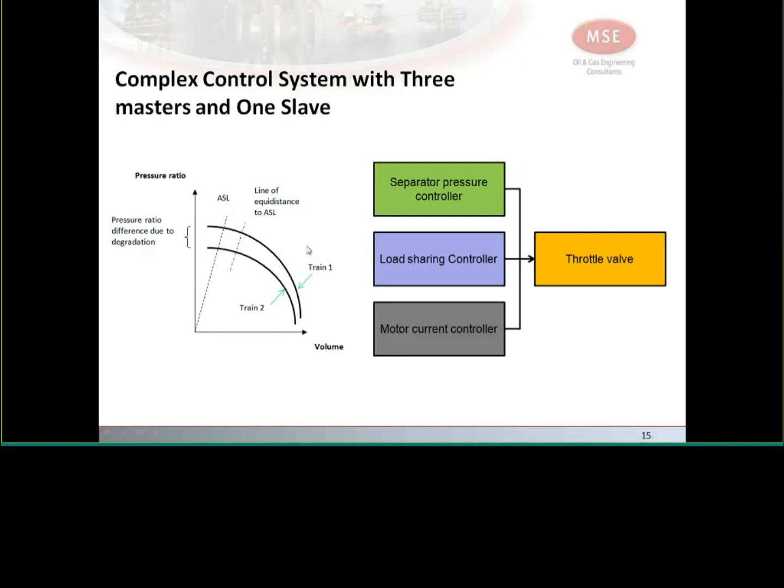So the only way it works is that the anti-surge valve will have to come in, with the train sometimes going into surge. Then the anti-surge valve will open, and the load sharing will obviously become disconnected. It will try to compensate, and it's just a cycle. But we'll see all these details in the next few slides.